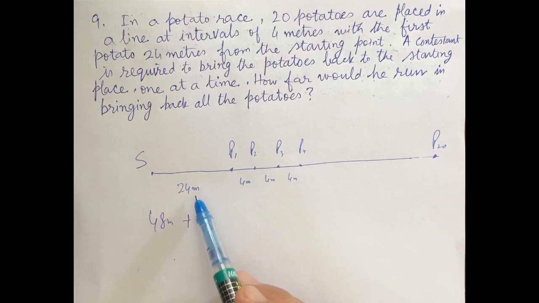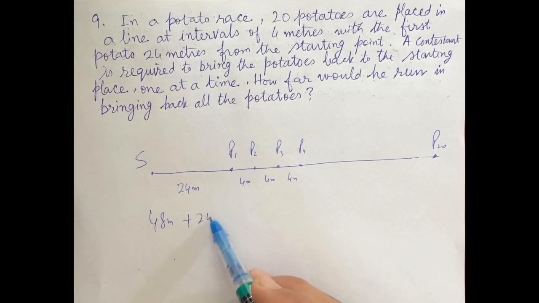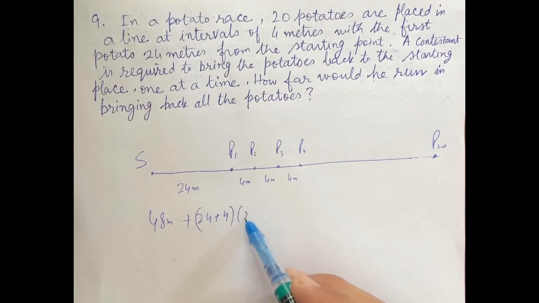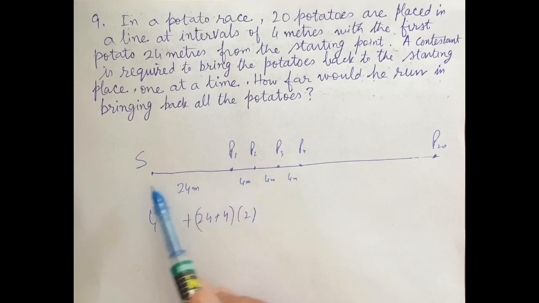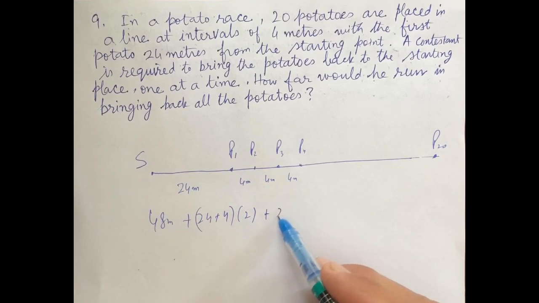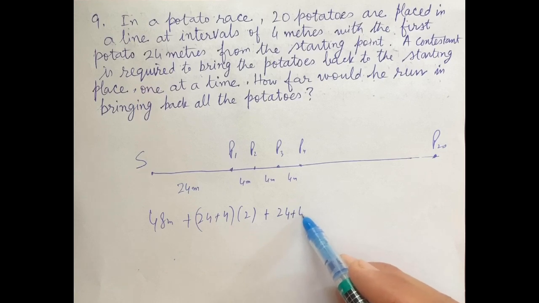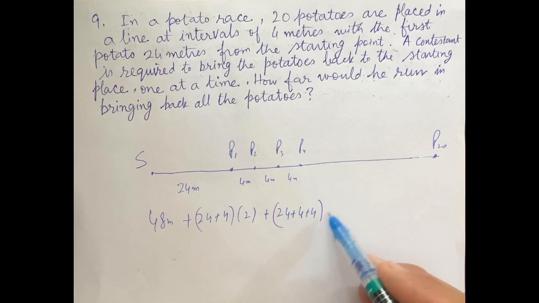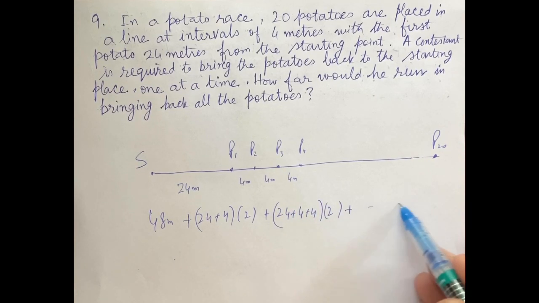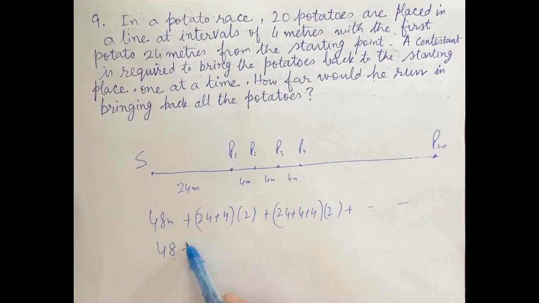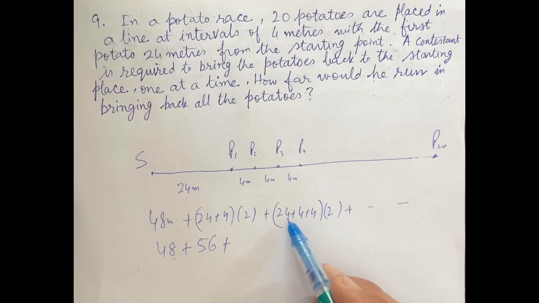For the second, it will be 24 plus 4 and twice of that, because he goes and comes back. For the next one, it will be 24 plus 4 plus 4 into 2, and so on. This is 48 plus, this is 28 into 2, 56, this is 32 into 2, 64, and so on.